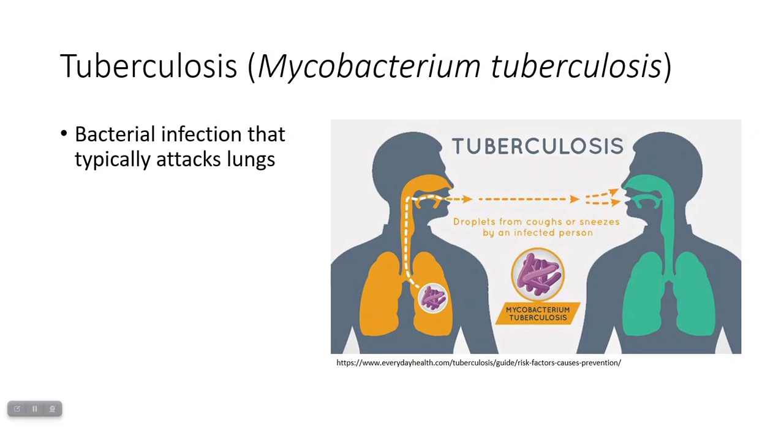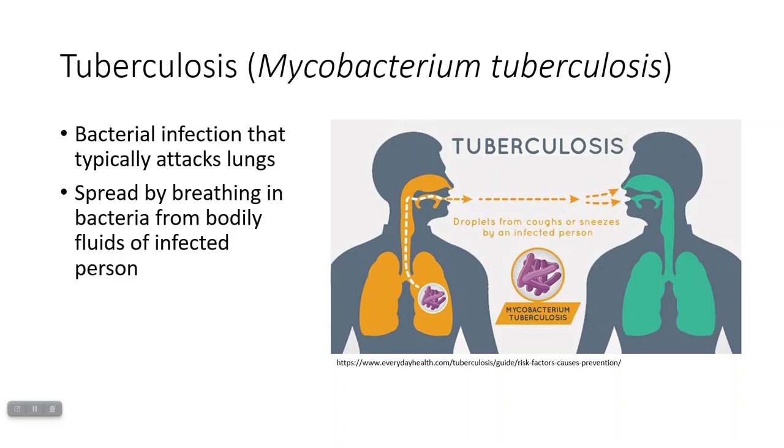Tuberculosis is a disease that was especially common. There were some epidemics of it in, I believe, the 1800s. It's a bacterial infection. It usually attacks the lungs. It's spread when people breathe in the bacteria from bodily fluids of an infected person. So, somebody coughing. Coughing is a very common symptom of tuberculosis.